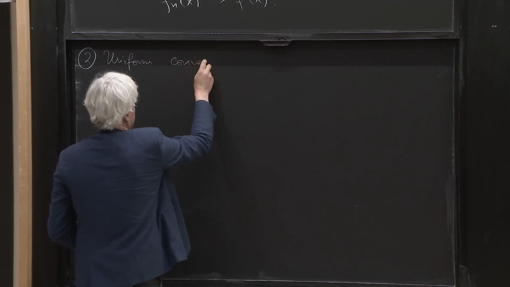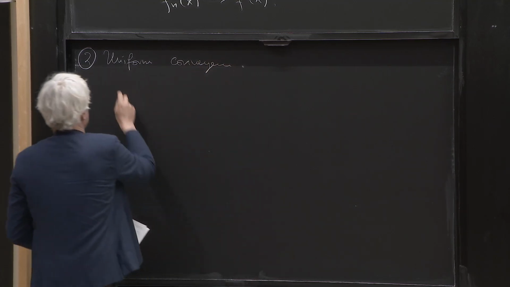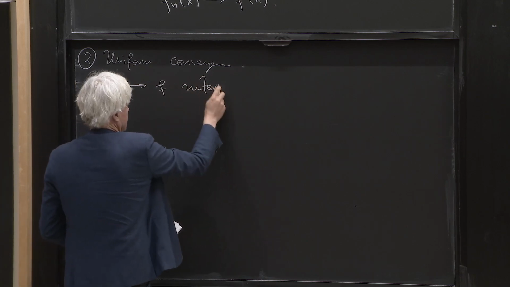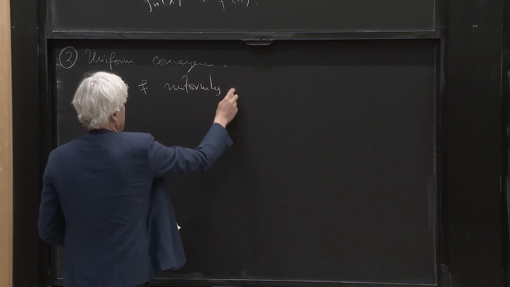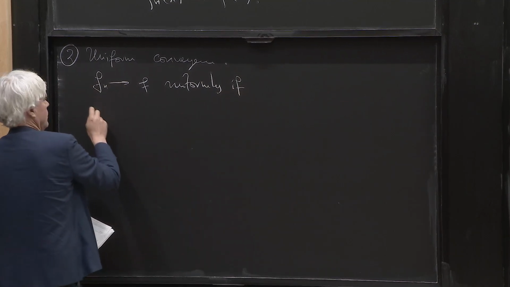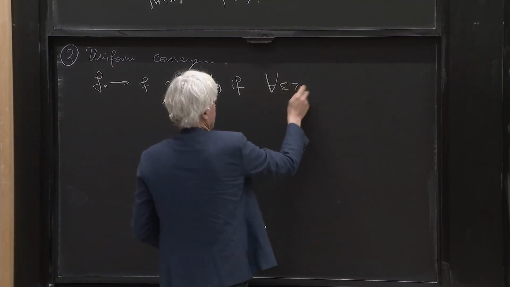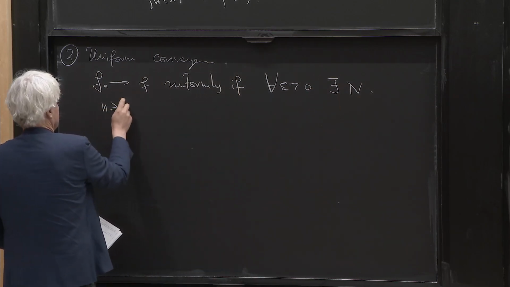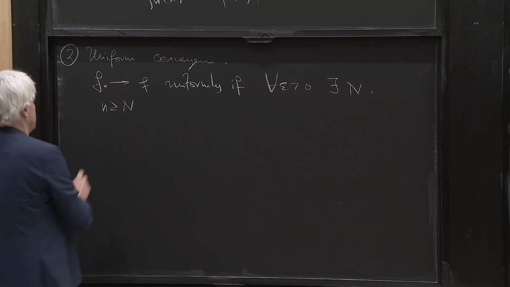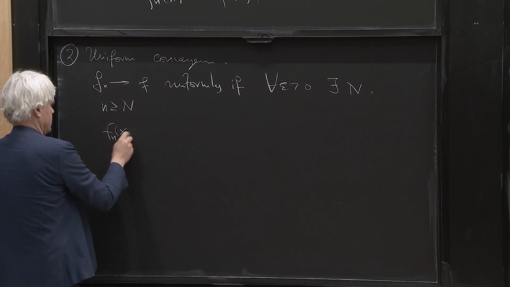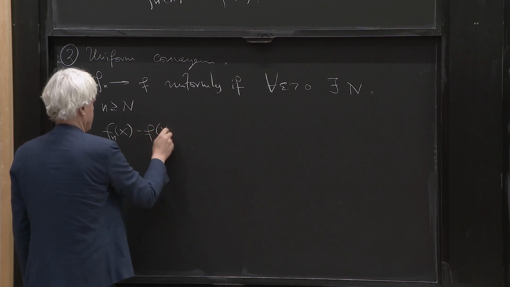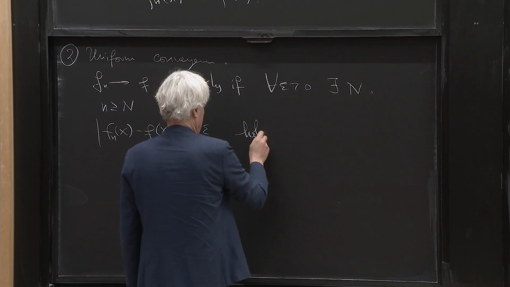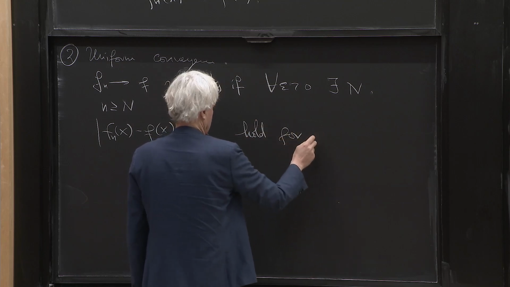Right, and so we say that the sequence converges to f uniformly if for all epsilon greater than 0, there exists an N so that if n is further out than N, then the difference between fn of x and f of x is smaller than epsilon, and this has to hold for all x.